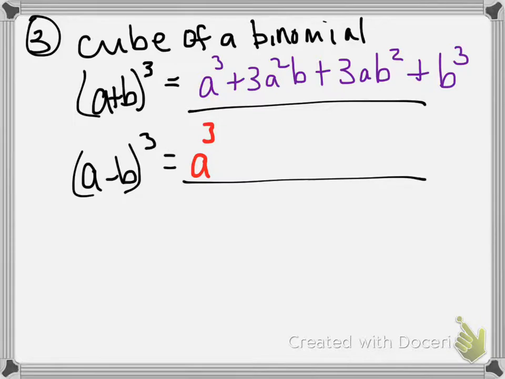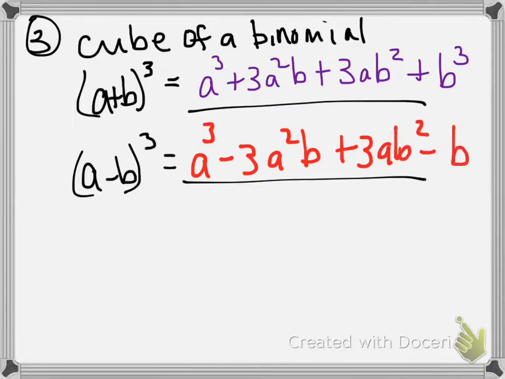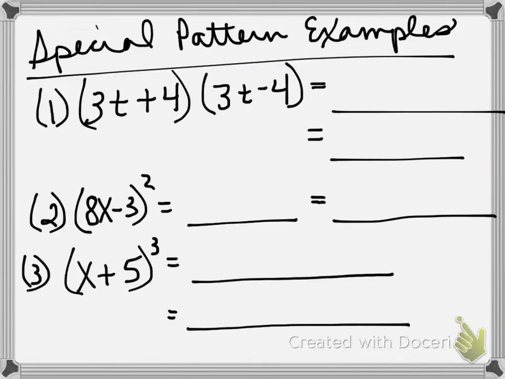So we have a cubed minus 3a squared b plus 3ab squared minus b cubed. Okay, we're going to see some examples with this, and keep in mind that these are just for the special pattern problems. If you don't like the special patterns, then don't worry about it. You don't have to use them.